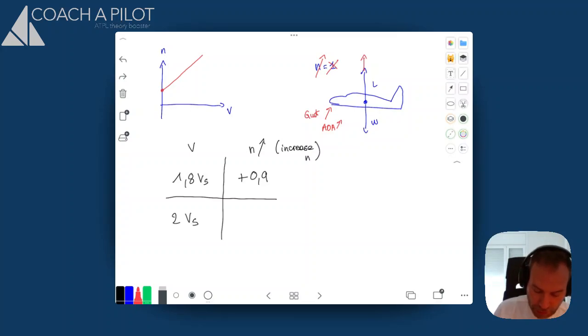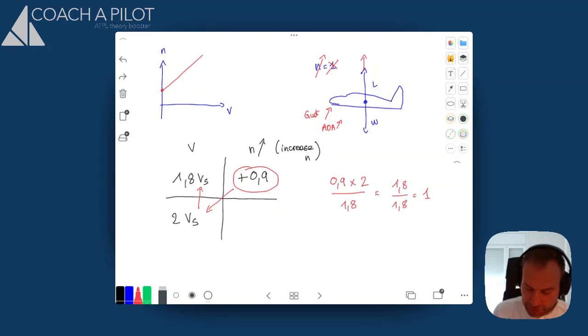So how do you do that? You take the initial value of plus 0.9, you multiply it by 2, and then you divide it by 1.8. So we have 0.9 times 2 divided by 1.8, is equal to 1.8 divided by 1.8, is equal to 1. So that 1 is the increase of load factor. So the load factor will increase by 1.